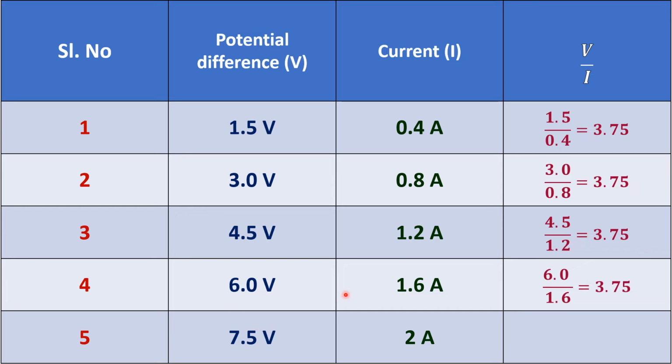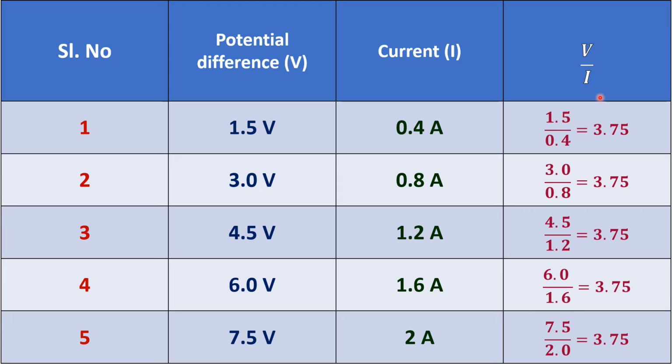Here 6 by 1.6, again we got 3.75. Here also 3.75.